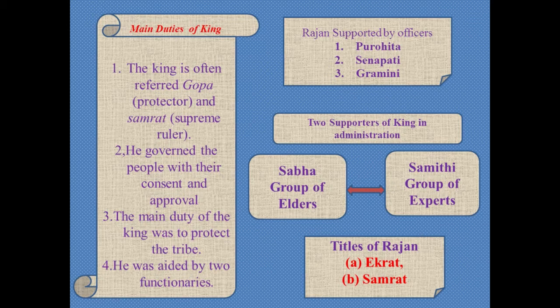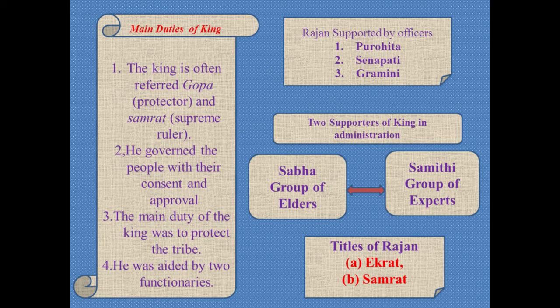Of course, he was again supported by other officers and organizational bodies such as Sabha and Samiti. These were two popular assemblies in the administration. Sabha was a group of elders, Samiti comprised a group of experts. In this way, he ran the administration.